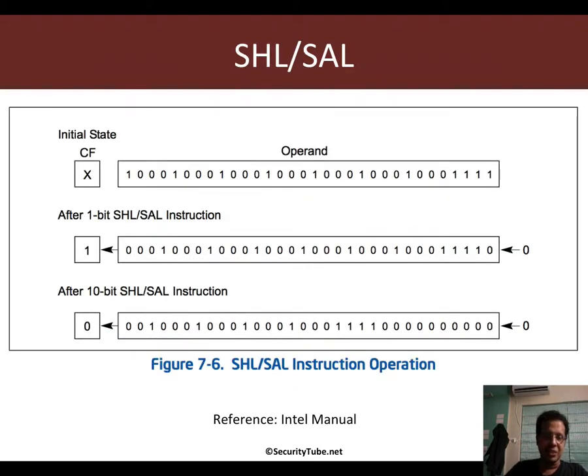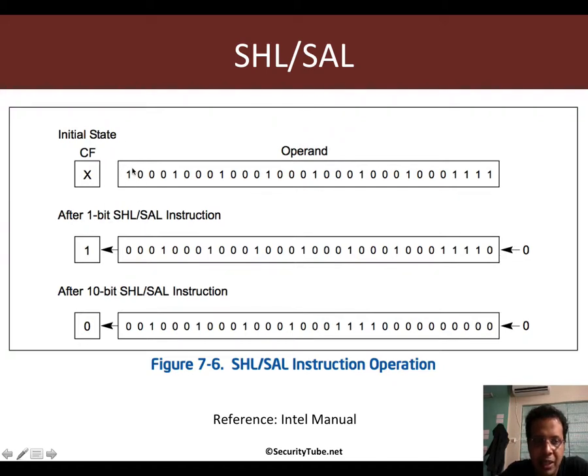So the first instruction we will take up is shift left or shift arithmetic left, both of which do the same thing. As you will see in bit shifting, the carry flag has an interesting role to play in most of the instructions. Let's say that this is the initial state. You have the carry flag and you have an operand, and after that you issue an instruction to shift left by 1 bit.